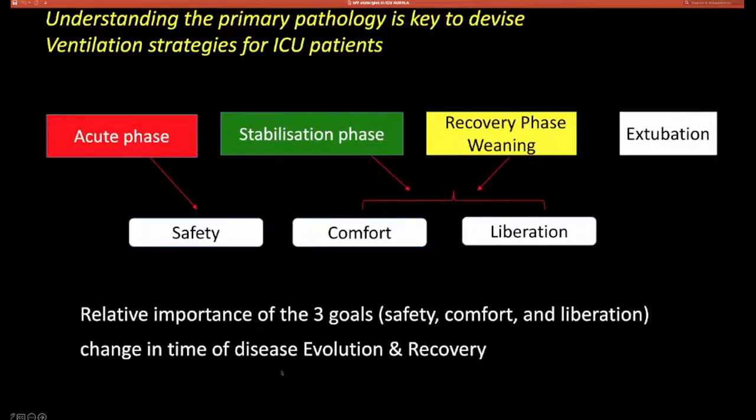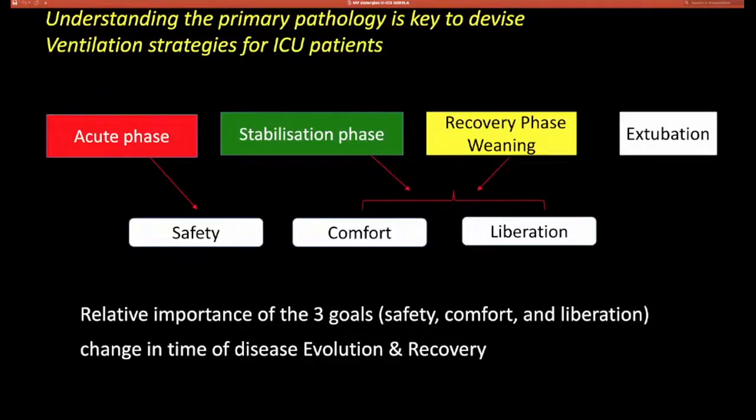See, here again, when I say disease evolution and recovery, the primary focus is to correct that and always keep the mechanical ventilation in sync with the disease evolution or recovery. For example, if you are ventilating an OP poisoning patient, on the third, fourth day, suddenly the patient starts deteriorating.